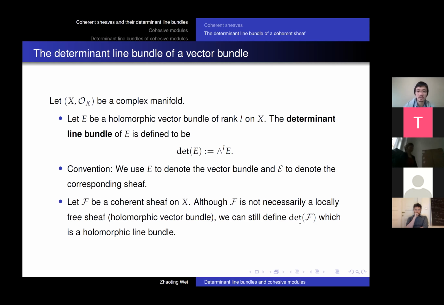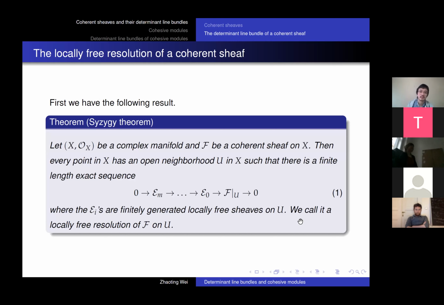Let's see how to define it in the framework of commutative geometry. First, the Syzygy theorem: for a coherent sheaf, there is always a bounded local resolution, which we call a locally free resolution. The point for this resolution is that the length is finite.